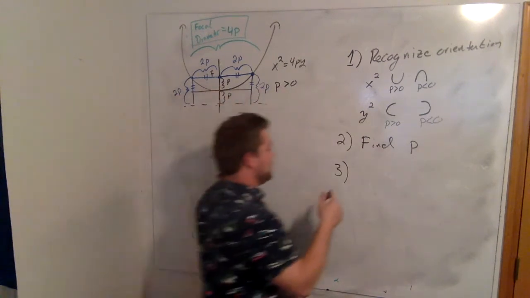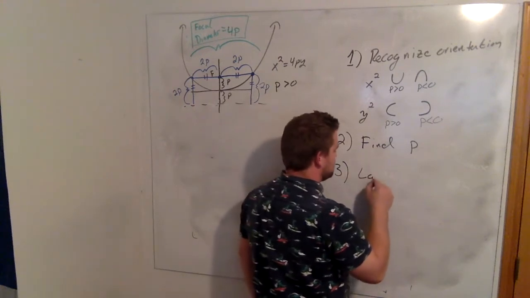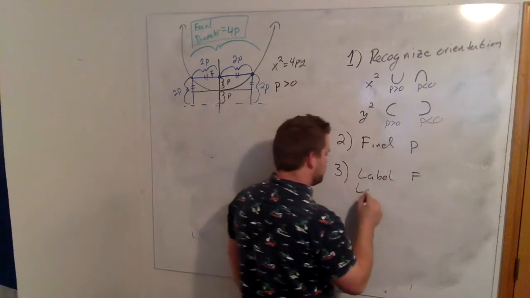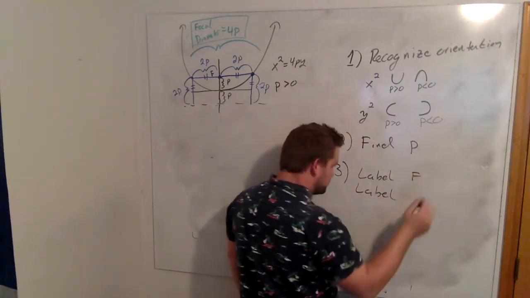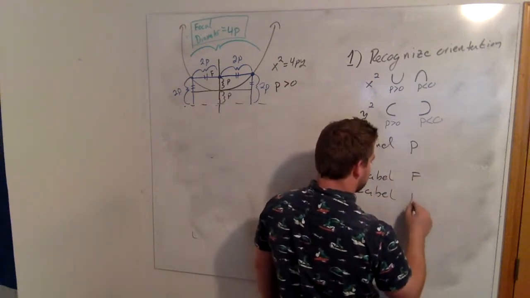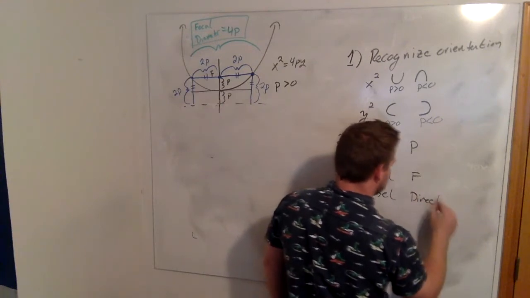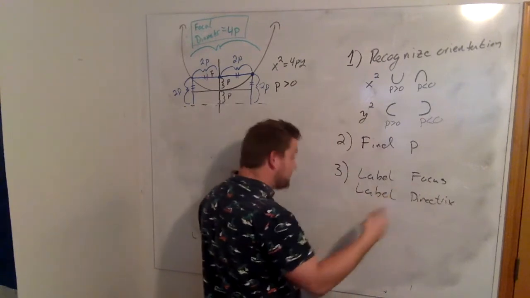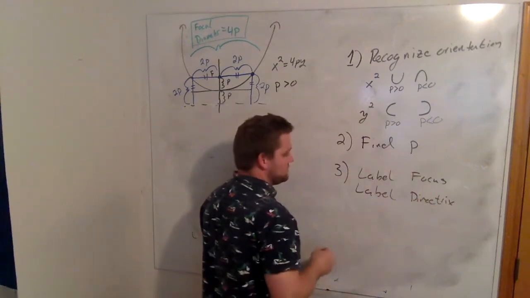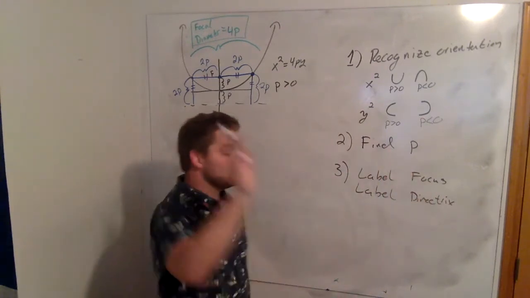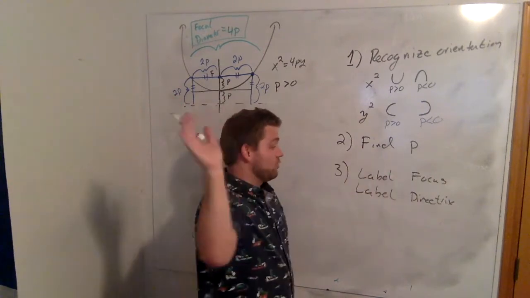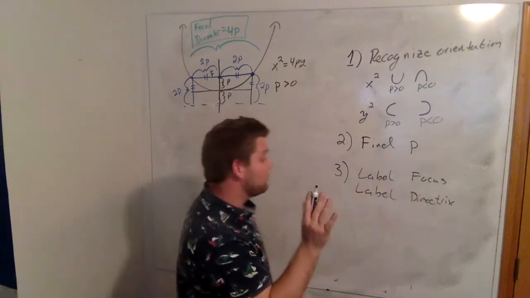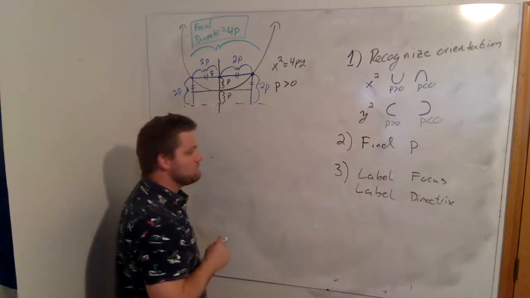So you'll want to label the focus. You're also going to want to label the directrix. By knowing the value of p, you should be able to do this. And knowing its orientation, you'll know whether the line is vertical or horizontal. And by knowing p, you'll know which side of the directrix the focus will be on.